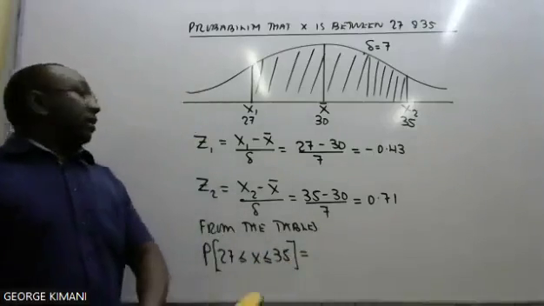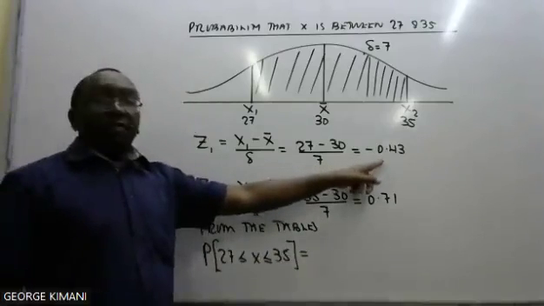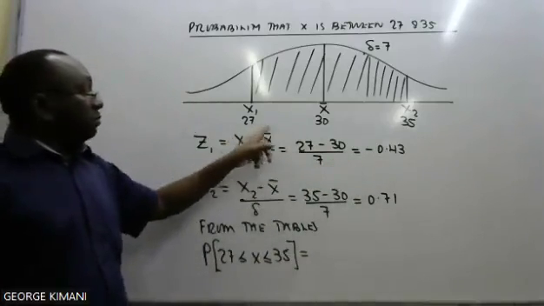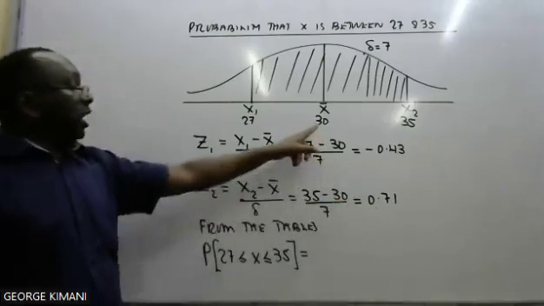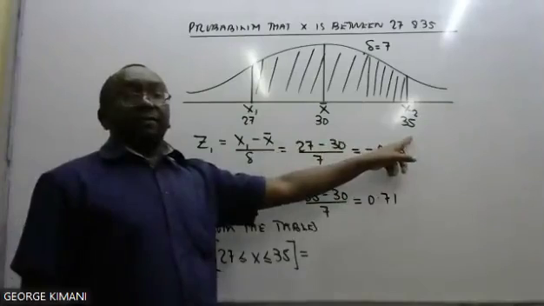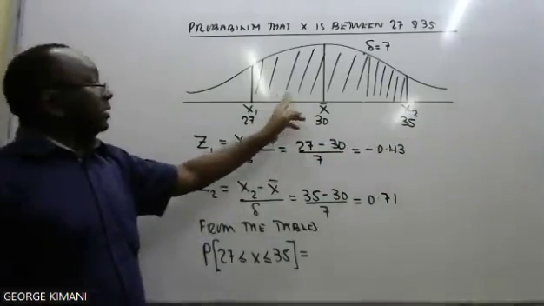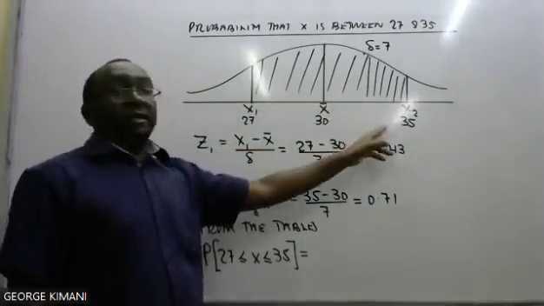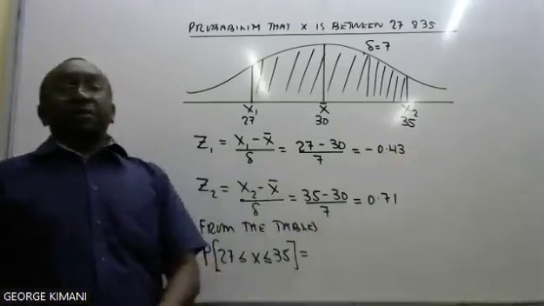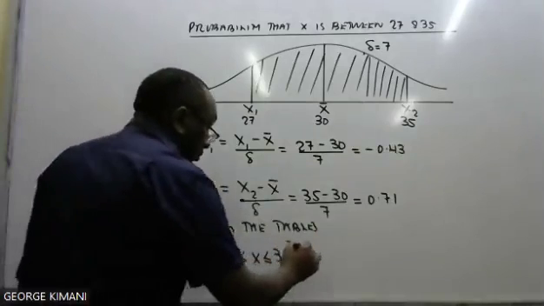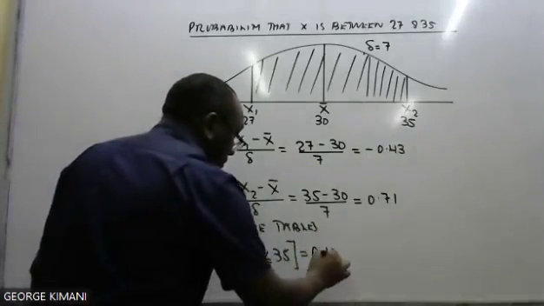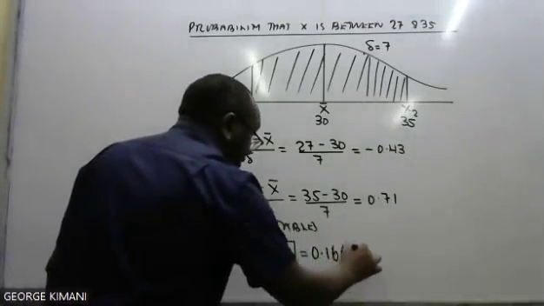Sasa, angalia. This one will give us the probability kutoka 27 mpaka 30. Huyu atatupea probability kutoka 30 mpaka 35. So in order for us to get our desire, we will have to add. So nisomee hii at 0.43. 0.1664, good.